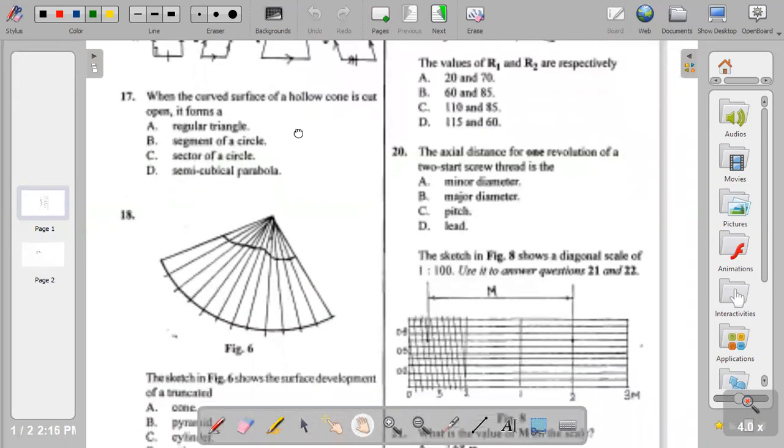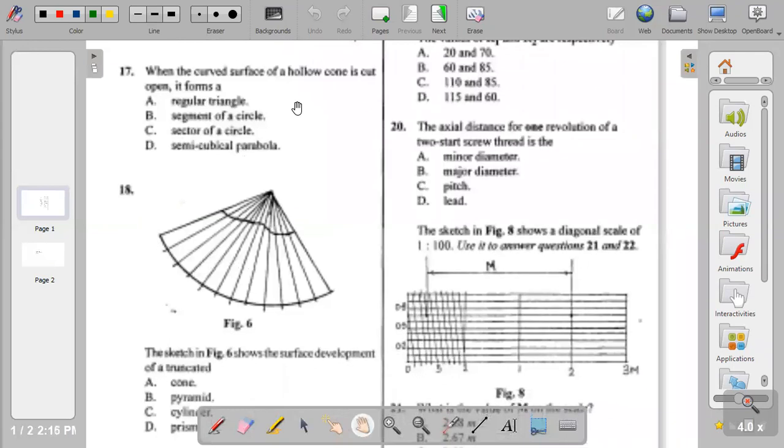Question 17. When the curved surface of a hollow cone is cut open, it forms A, regular triangle, B, segment of a circle, C, sector of a circle, D, semi-cubical parabola. When you cut the curved surface of a hollow cone open, it looks like this.